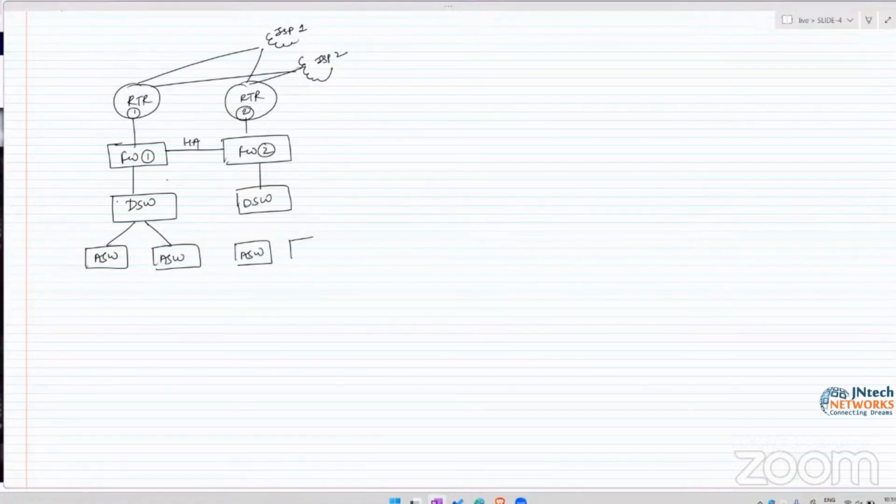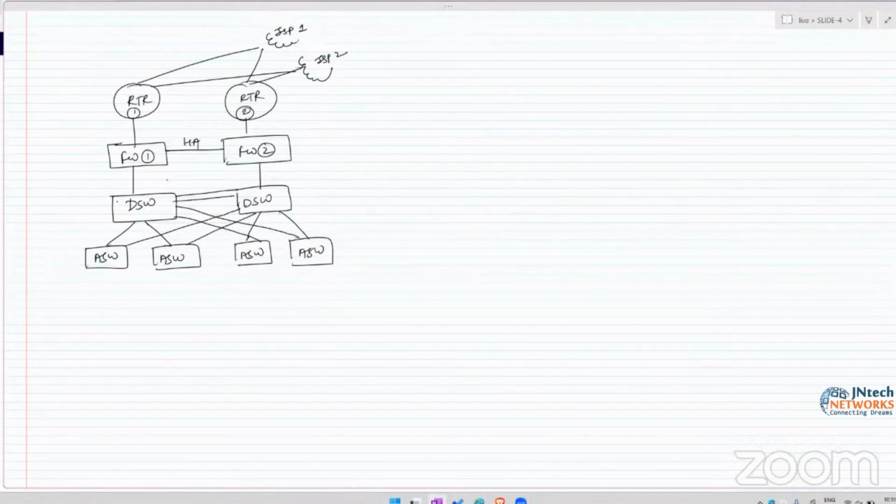Both distribution switches are connected with redundant links also. Now, this access switch is connected with some LAN users.